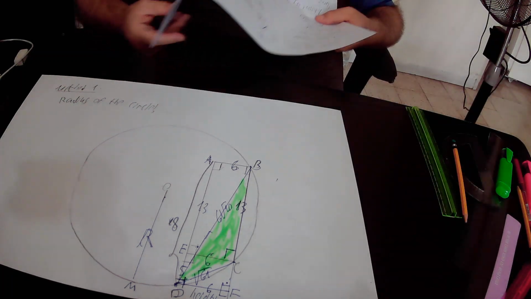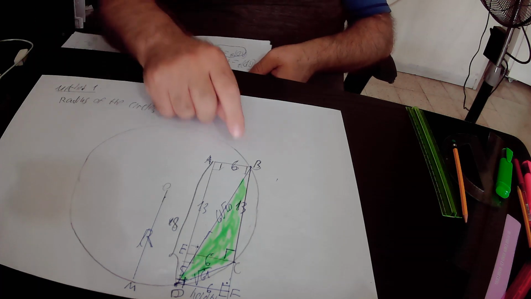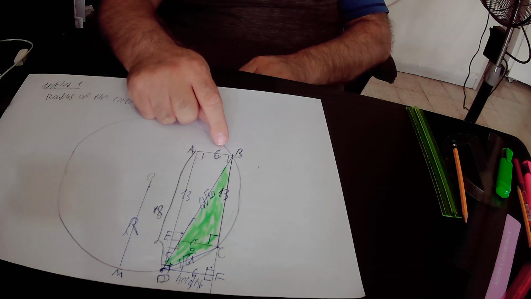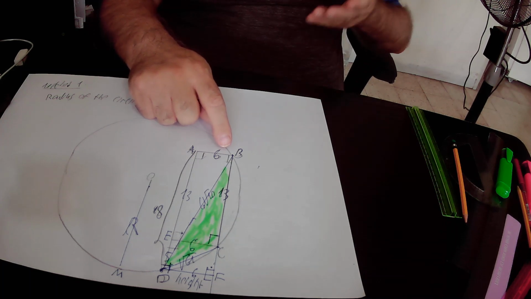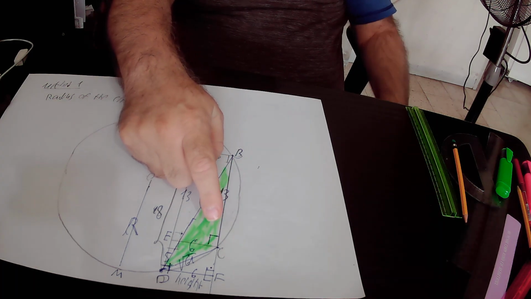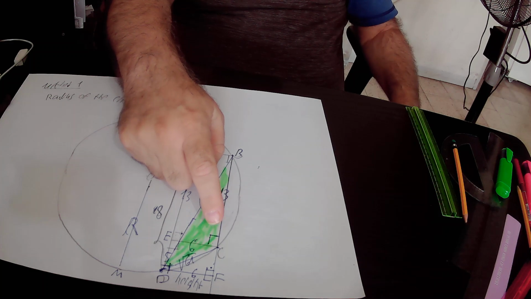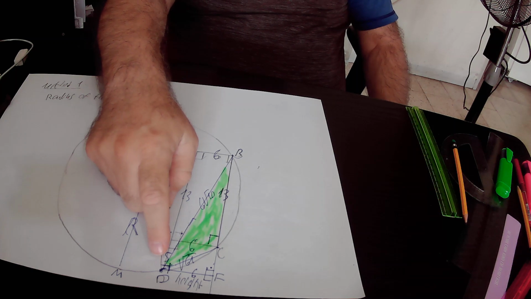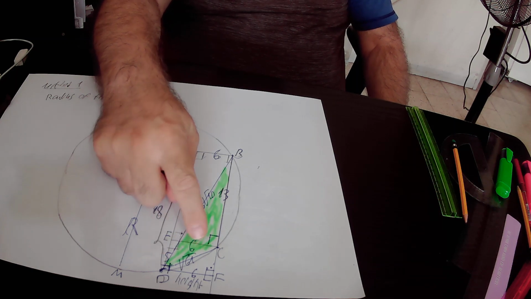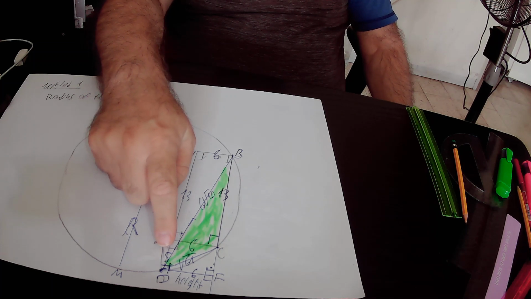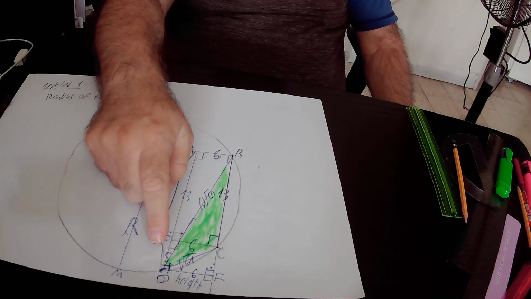Here, point B is on BC, therefore we cannot draw the height from point B, and point C is also on BC itself, so we cannot draw the height from point C. But here we have the vertex D that is not on BC, therefore we can draw the height to the base, which must be perpendicular to the extended base.